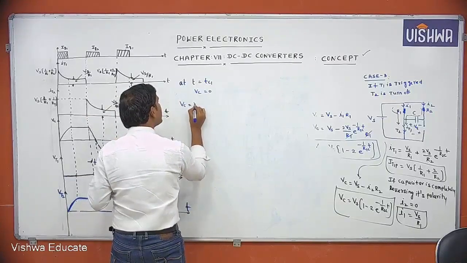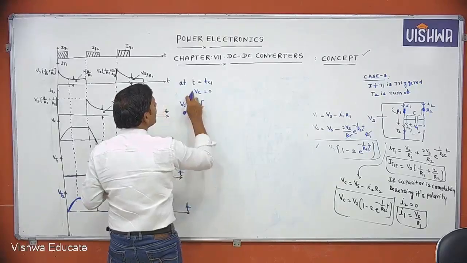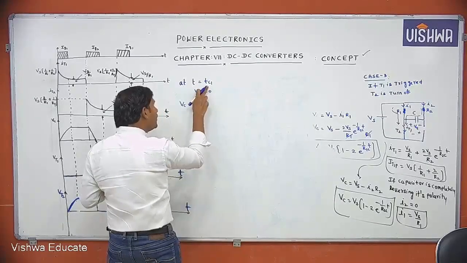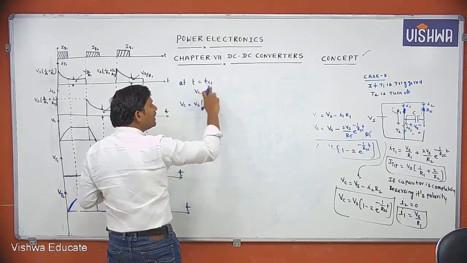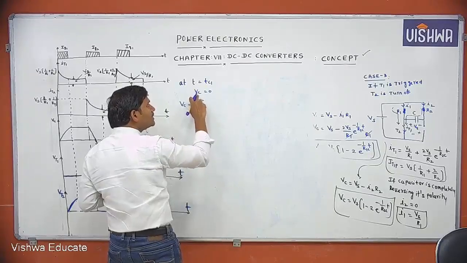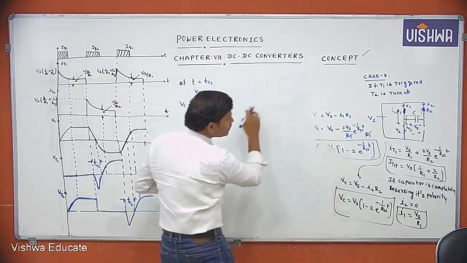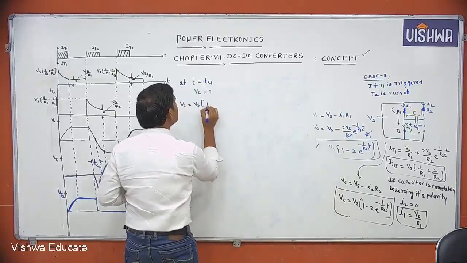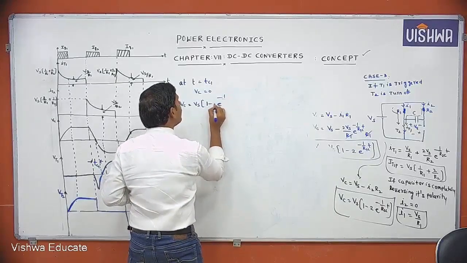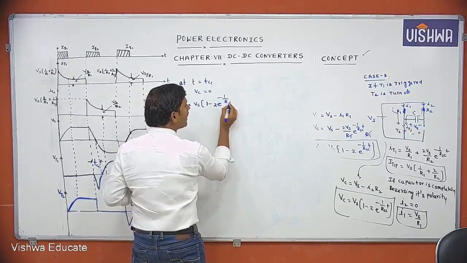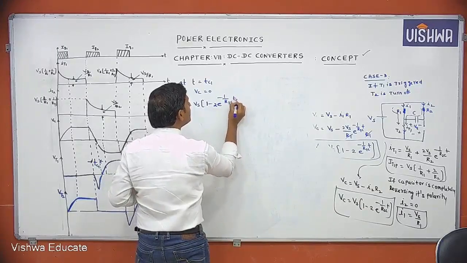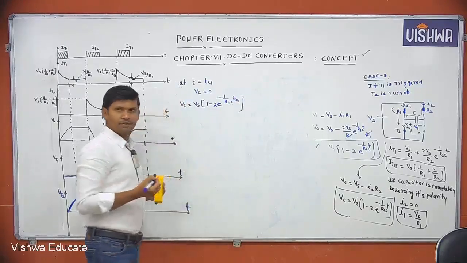Here we want it with respect to the T1 thyristor. That's why you take the equation of voltage across the capacitor with respect to R1. That is Vc equal to Vs into (1 minus 2 into e power minus t by R1C) at t equal to Tc1.